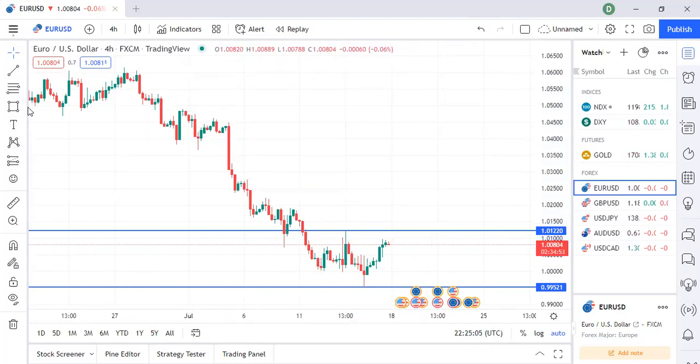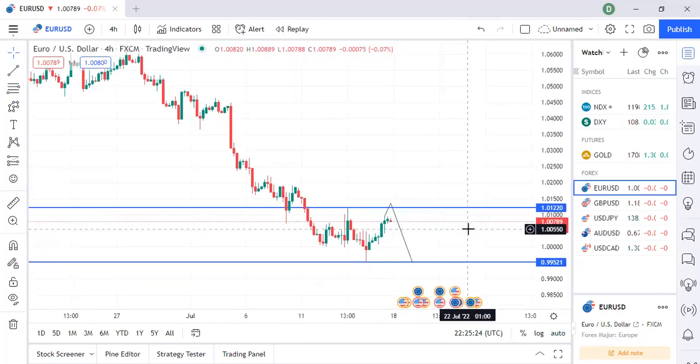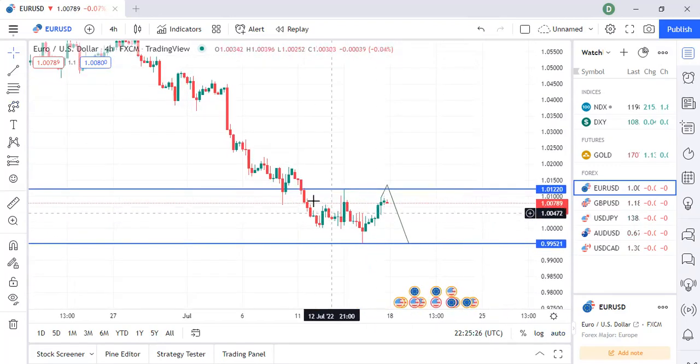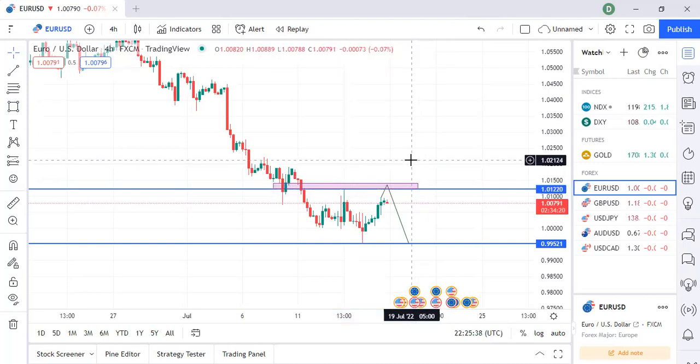Now, I will be expecting price to come somewhere here. Just a minute. So I'll be expecting price to come above here, and then we will see a push to the downside. If I'm going to take a trade, I'll be looking to take my position within this area. Now, I don't make my entries on H4.